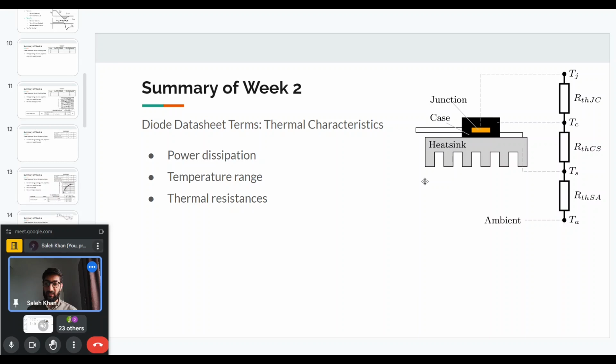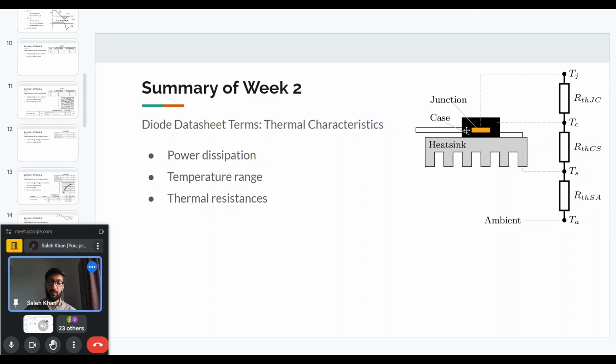Basically, the device has a chip inside it, a silicon die, where the different layers, the PN junction or the PNP layers of the MOSFET and the diode, are present. This is also called the junction. The temperature of this point will be called the junction temperature.